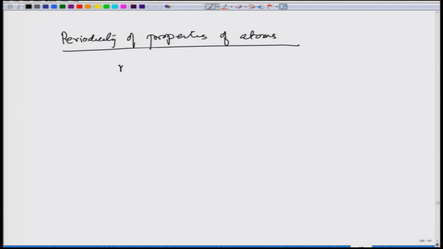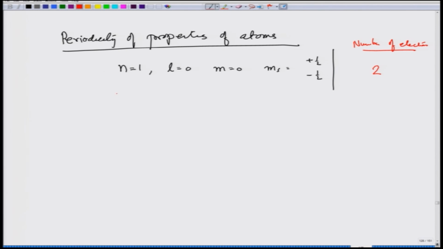So, let us see n equals 1, L maximum could be 0, m could be 0 and ms could be plus a half or minus a half. So, maximum number of electrons in this level could be 2, right. So, 1 for each quantum number.